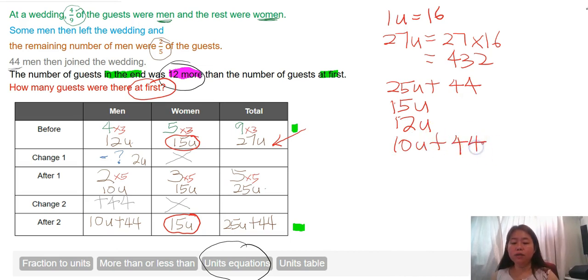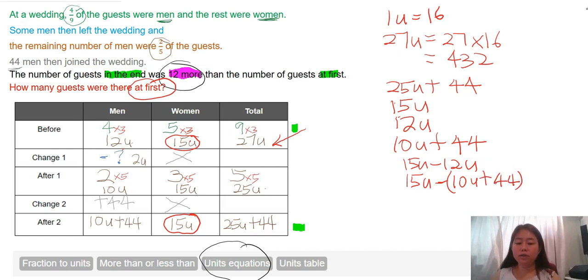We can also ask how many more women than men at first, which is 15 units minus 12 units. How many more women than men in the end, which is 15 units minus 10 units plus 44.